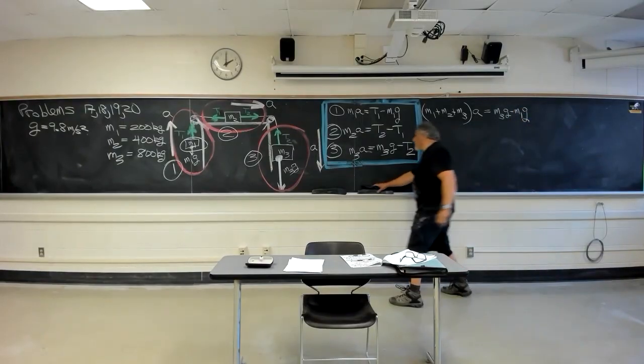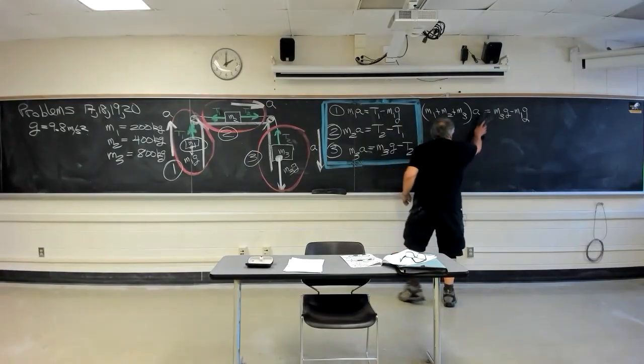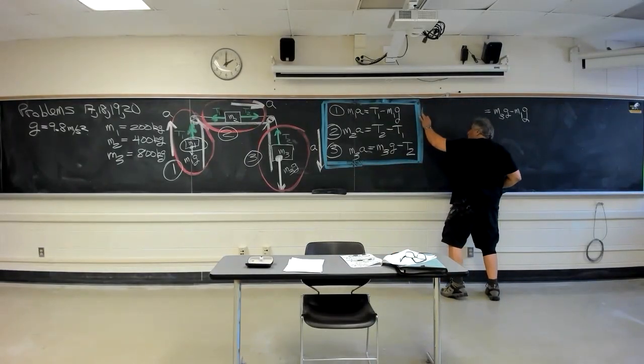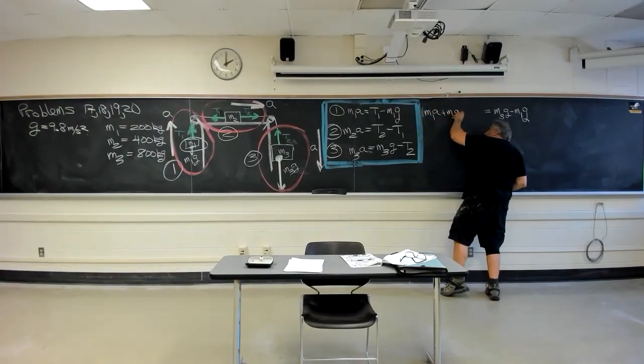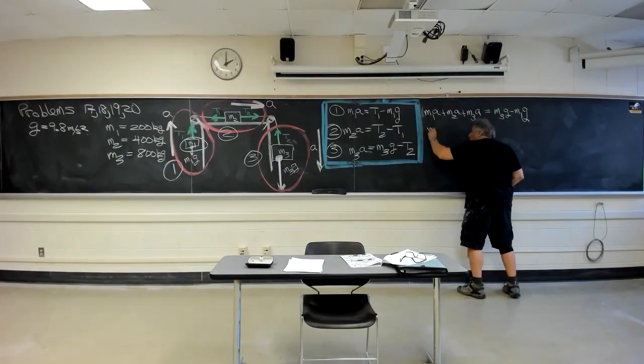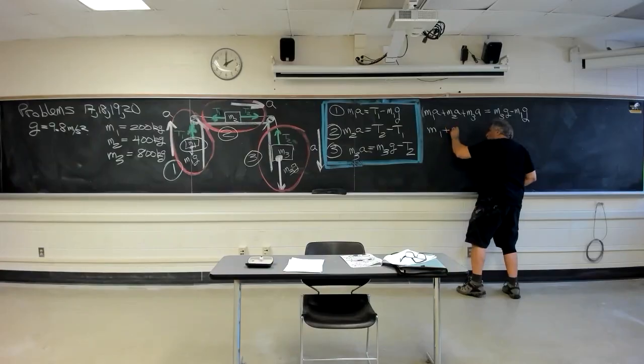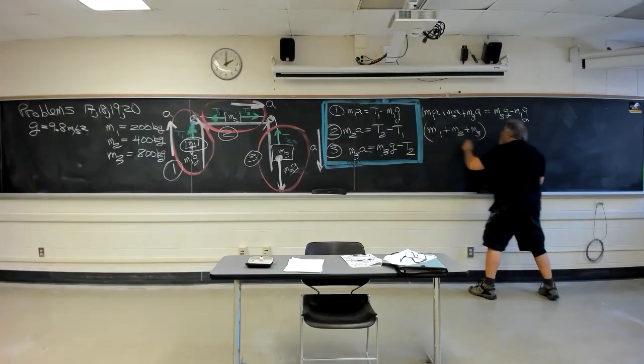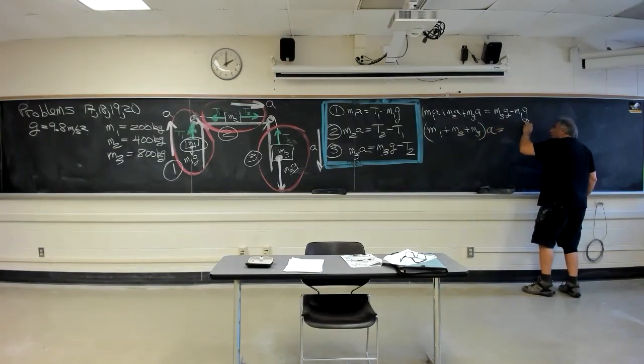Let's just go back for a second. If you add those three, let's just be a little more rigorous about it. What I said was true, let's verify it. This is M1A. This is M2A. This is M3A. Factor an a out. Factor a g out.